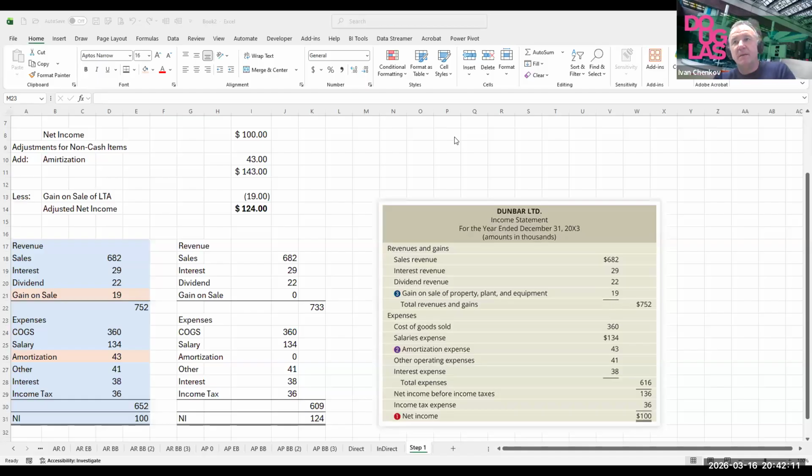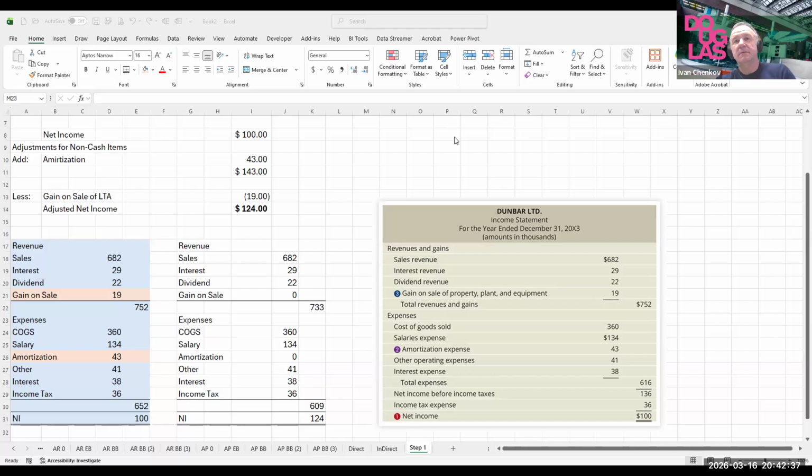So step one in the preparation of the cash flow statement, operating activities only, under the indirect method, is to move the accounting net income into the cash net income. How are we going to do this? We're going to adjust for the non-cash items.